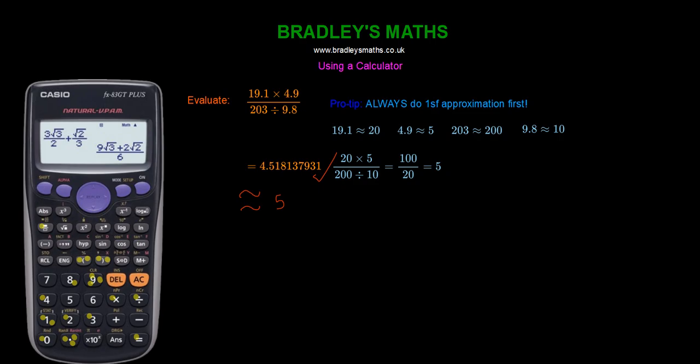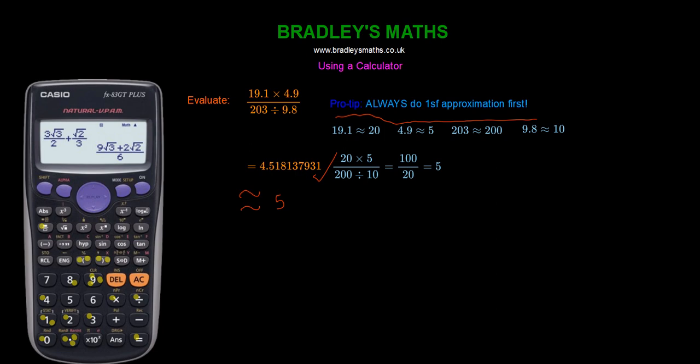Okay, the pro tip is super important. If you get a totally different answer here, then you need to be saying, well, have I done my approximation right? Did I press my keys right? Maybe you pressed 1.91.